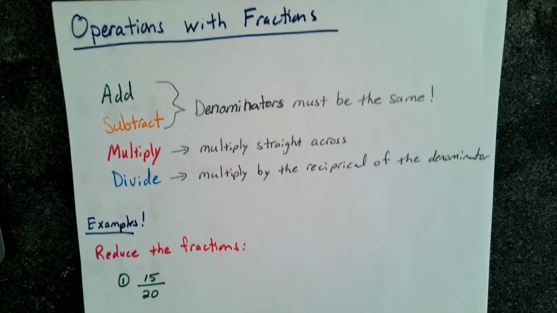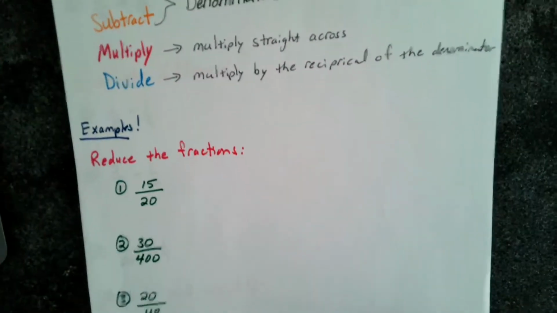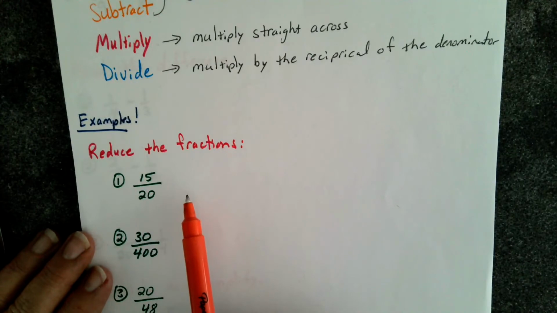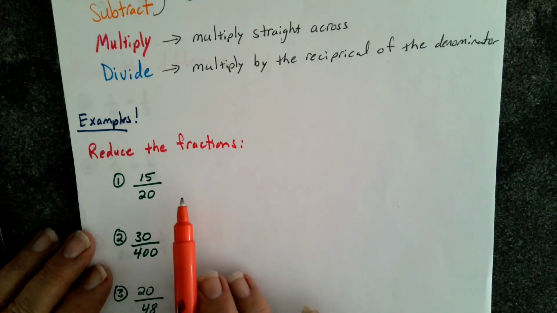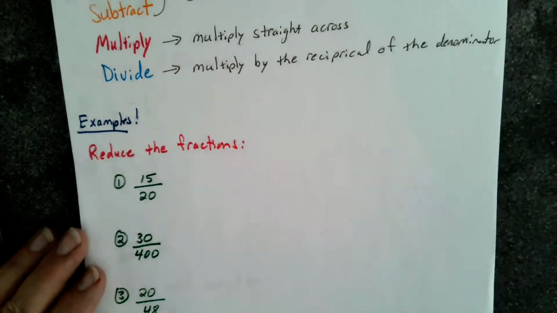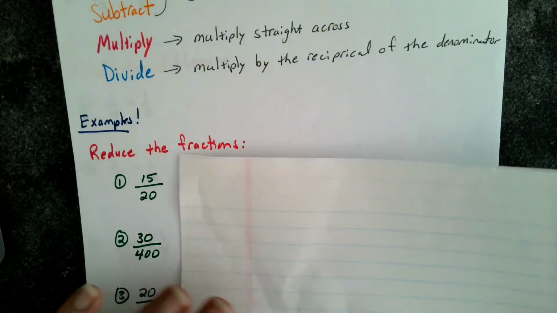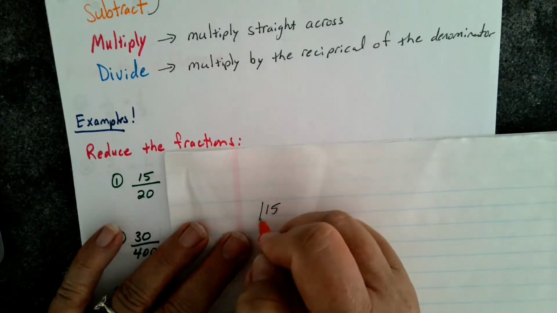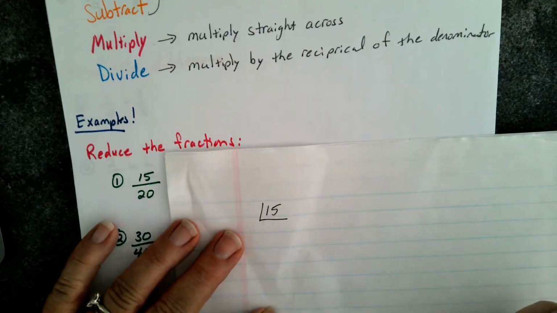So let's start first by just reducing fractions. To reduce a fraction, you want to break it into its prime factorization. And we do that by using a factor ladder. So I'll take the number 15 and I'll do it on my scrap paper. I write the number 15 down and I want to divide it by the smallest prime number I can think of.